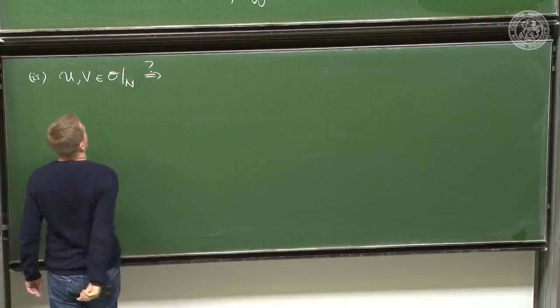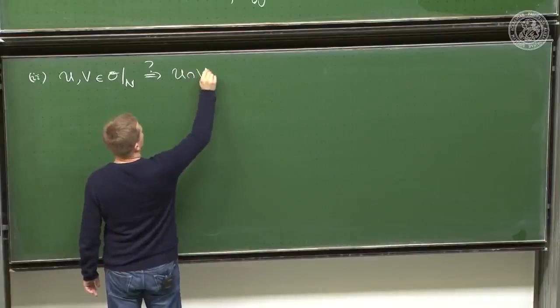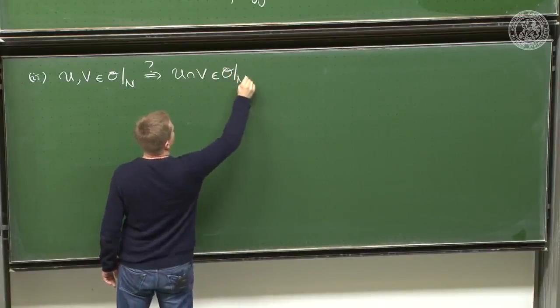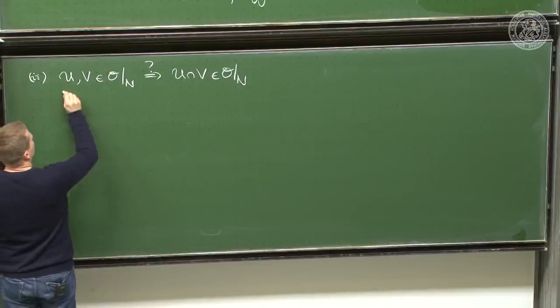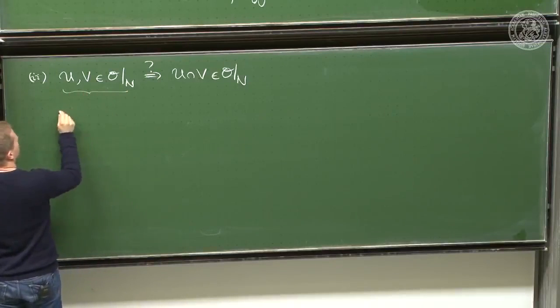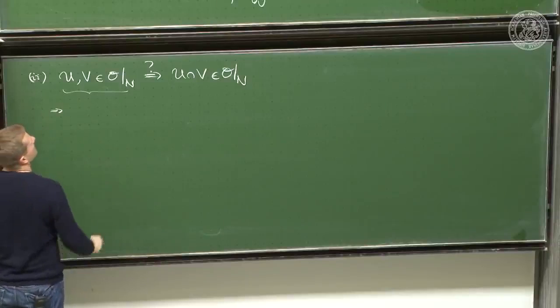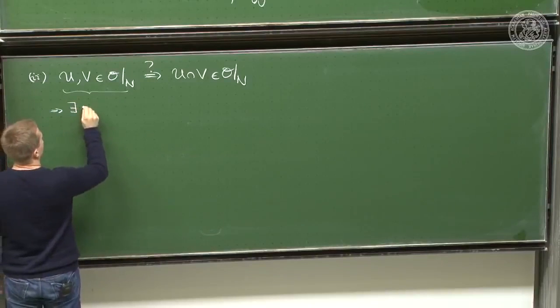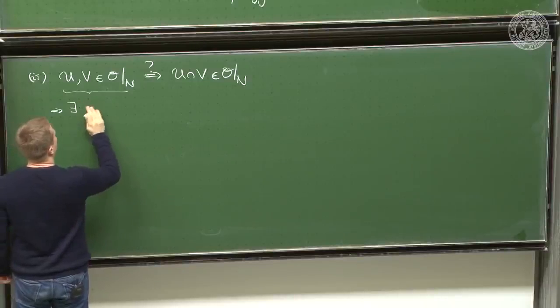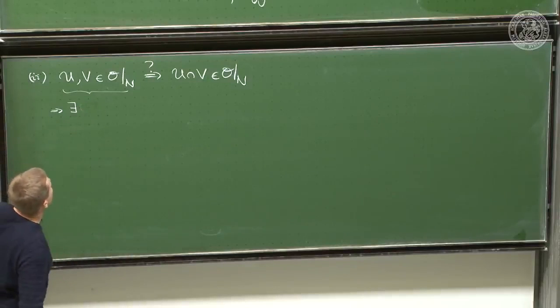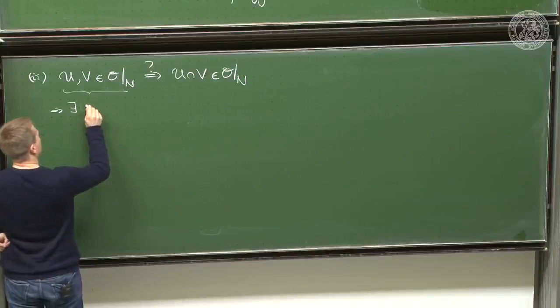What we want to show or check is whether this implies that U intersected V also lies in the induced topology. Now, if U and V are in the induced topology, this means that there exists an S.